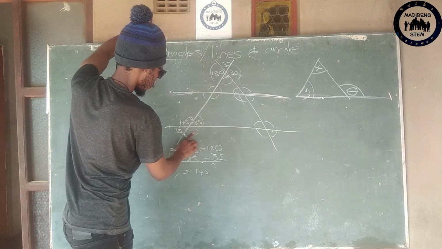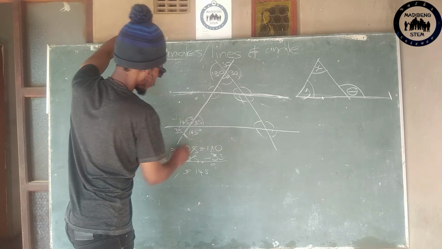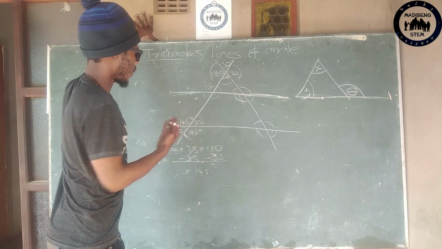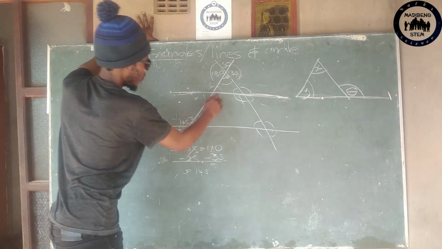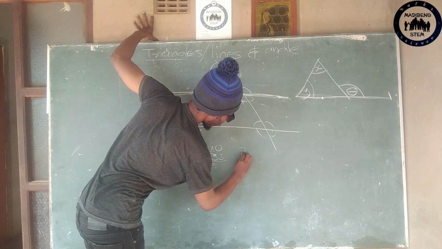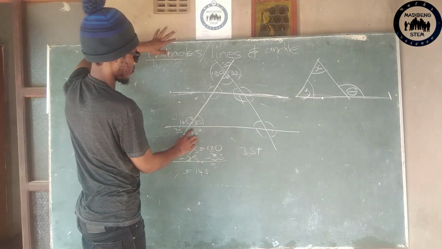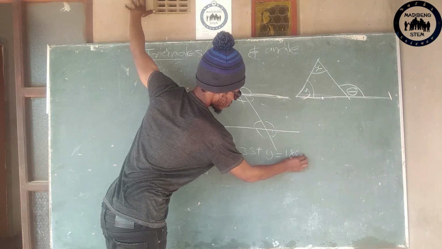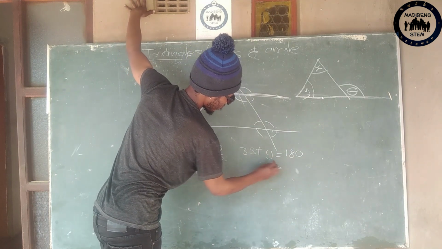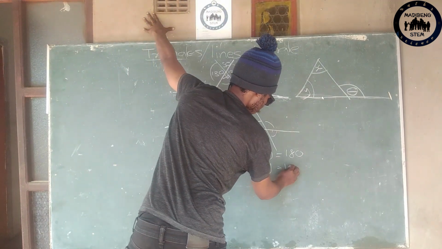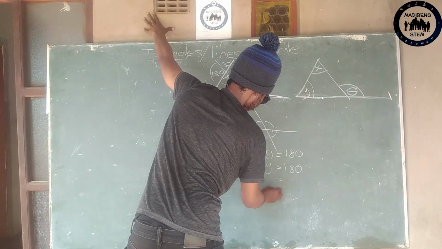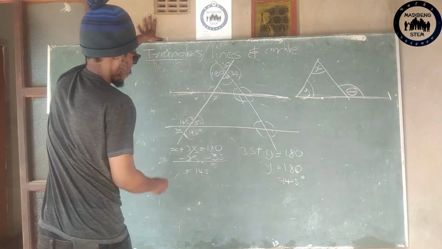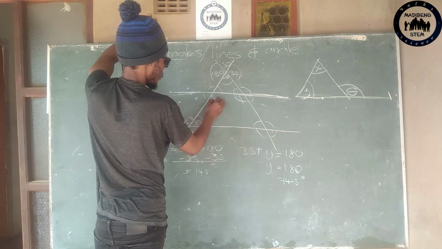Then 35 plus, let me say y, plus y is equal to 180. So what is y? 180 minus 35 is 145.